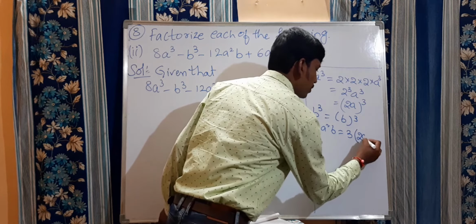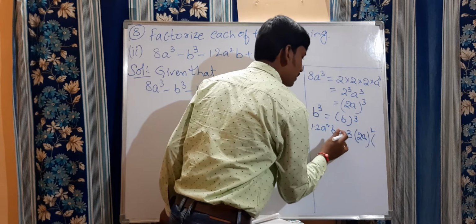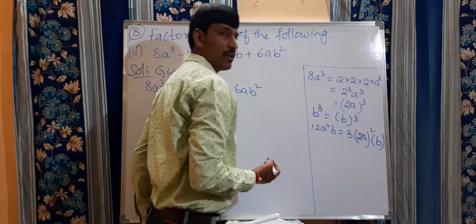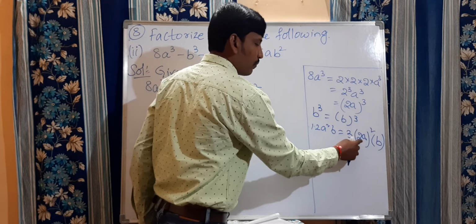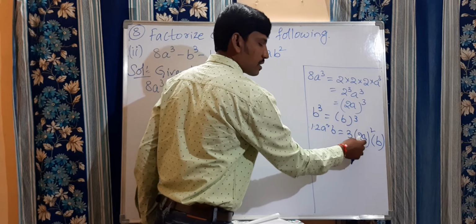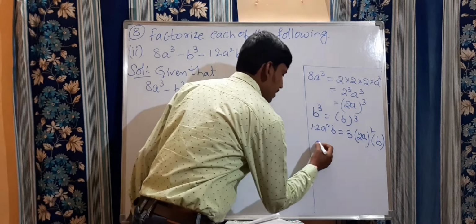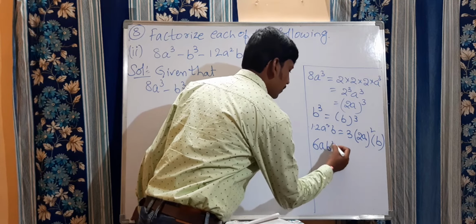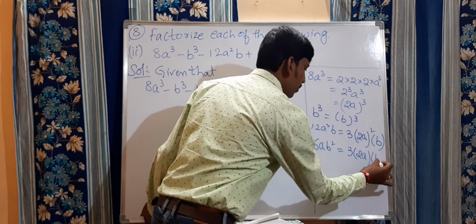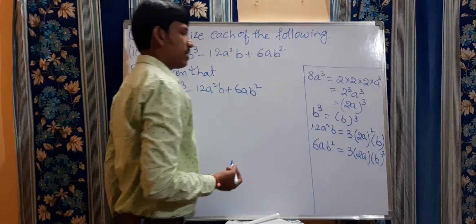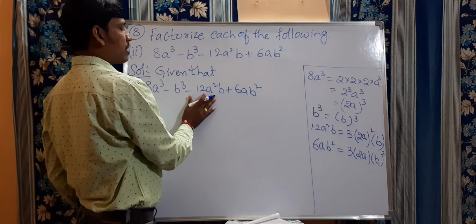That is 3 into 2a whole square into the next term, b. b is as it is. See this here: 2a whole square is 2 square a square. 2 square is 4, 4 threes are 12, 12 into a square into b. That is 12a square b. Now 6ab square can be written as 3 into the x term, 2a, into b square. Clear, my dears?